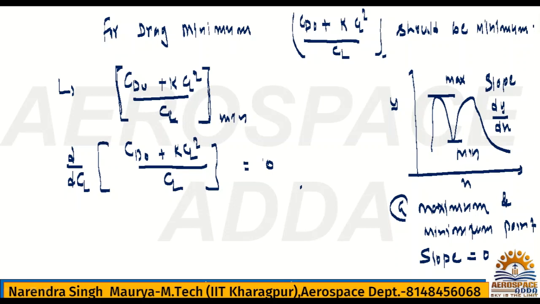Yes or no? Now take this. So what will you get? It is like u by v form. So it is CL square, then denominator differentiation, then you have to take differentiation of the numerator. So write this.